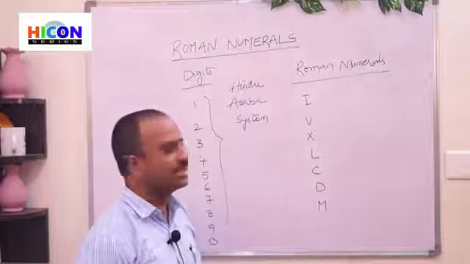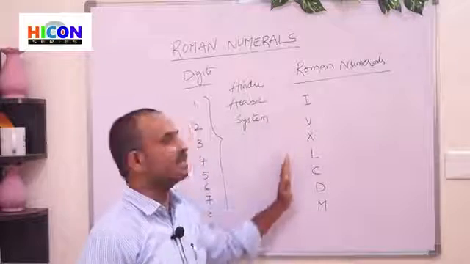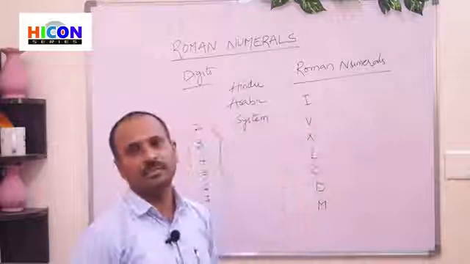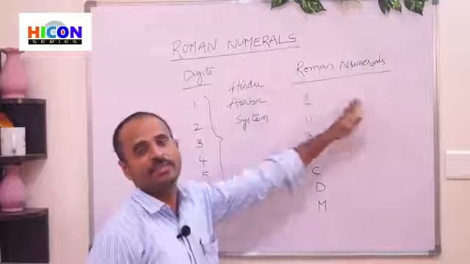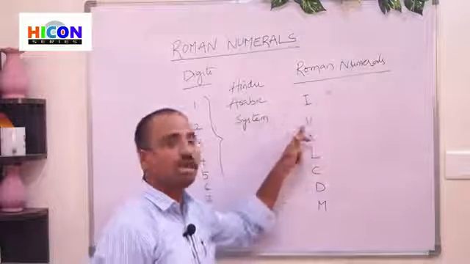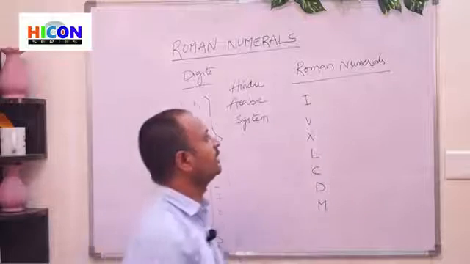So let us see the equivalent values of these Roman numerals in the Hindu-Arabic system. What is the value of I in the Hindu-Arabic system? And what is the value of V? Let us see the equivalent values.